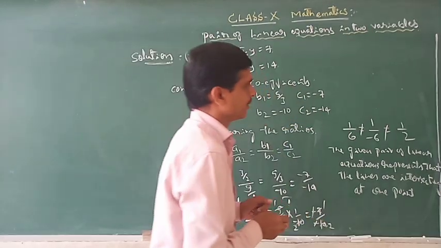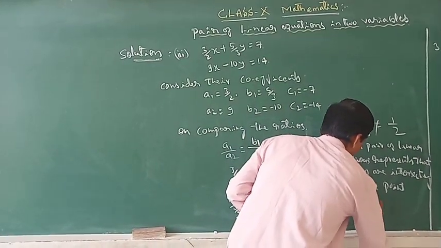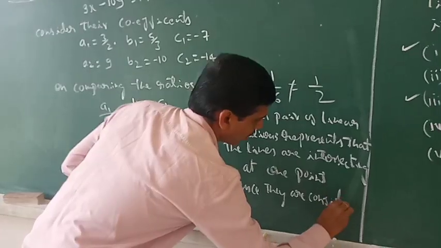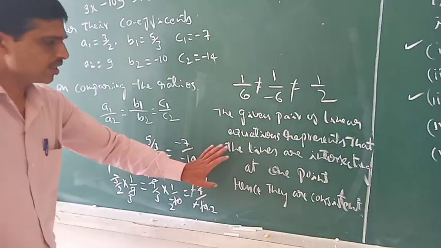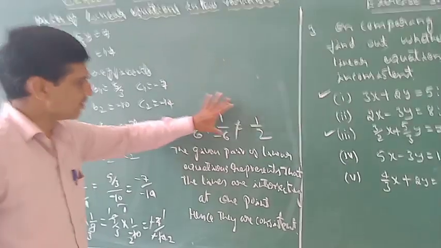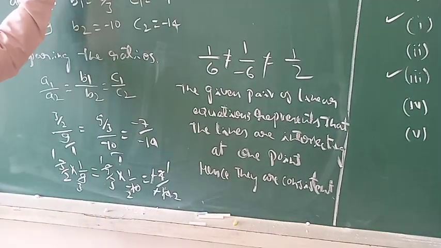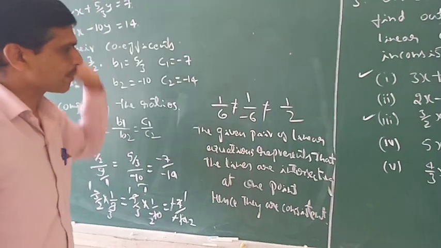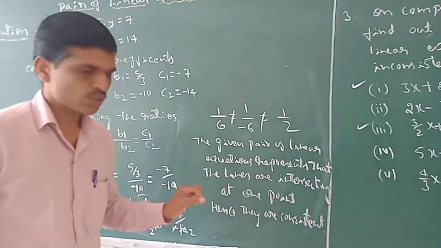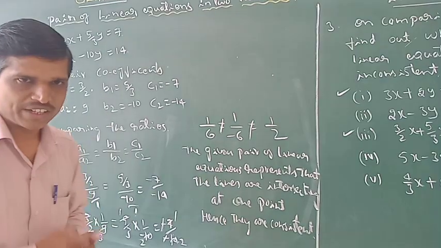Hence they are consistent. Because of these solutions, we conclude that if you want to represent the given pair of linear equations graphically, the lines appear as intersecting lines. So that is why the lines are intersecting at one point, hence they are a consistent pair of linear equations.